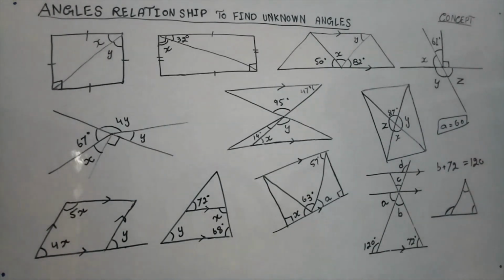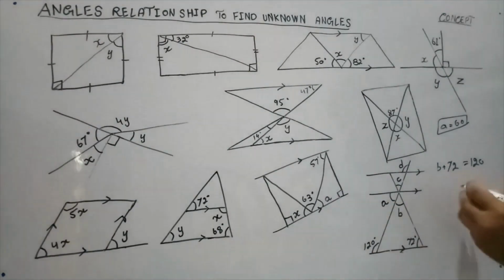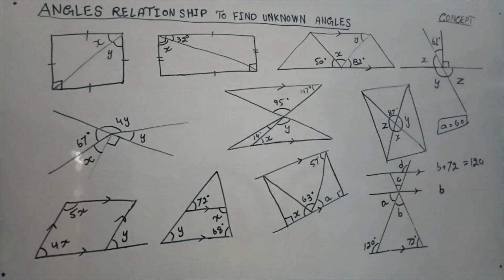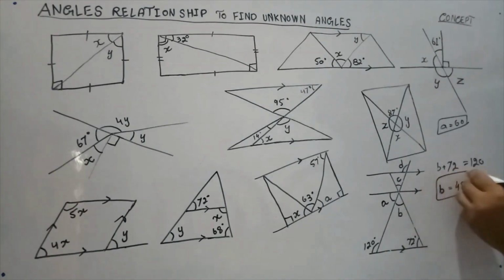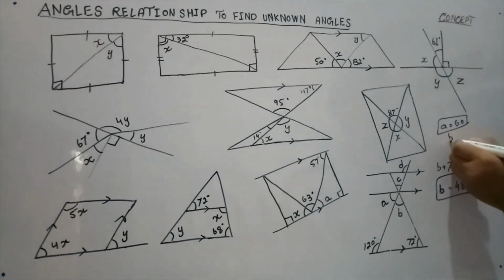If I subtract 72 on both sides, here we are left with B, and on the other side 120 minus 72 is 48 degrees. So the value of B is equal to 48 degrees. Let me write the value of B here, equal to 48 degrees.